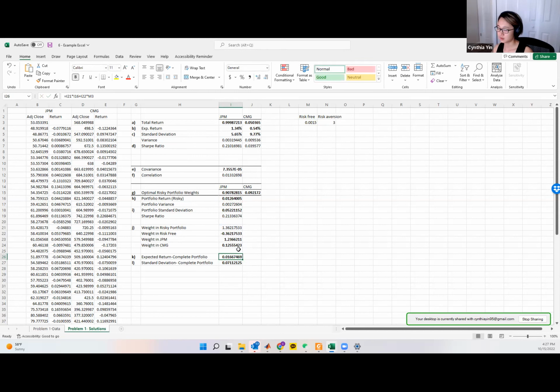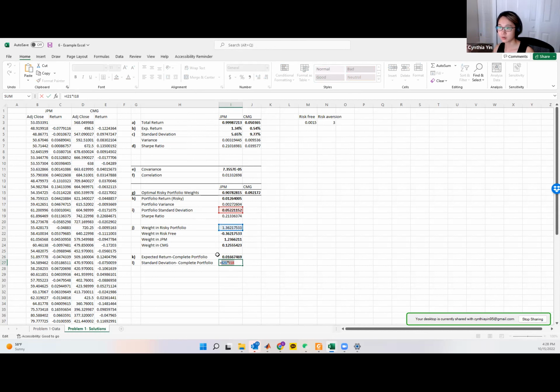Then you get your complete portfolio, meaning on the optimal CAL, your expected return is around 2%. And the standard deviation is just the portion in the risky portfolio times the portfolio standard deviation. This formula, again, is the first section in chapter 6, 1 risky asset, 1 risk-free asset.